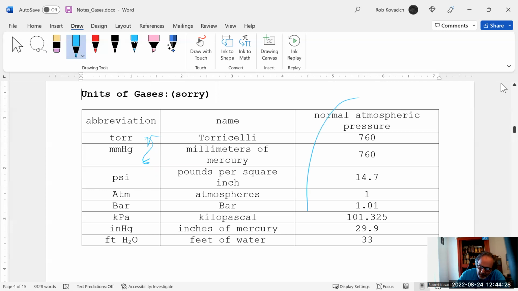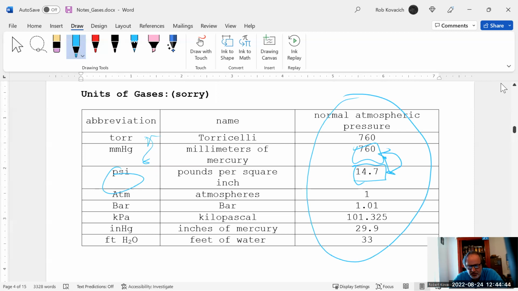Every one of these numbers is equal to all of the rest of the numbers in this table given its particular unit. So PSI is 14.7 and 760 millimeters of mercury. Those two things are equal to each other. If I was using two different devices, they'd be measuring the exact same pressure. One would say 760, one would say 14.7. If I was using another device that measured in atmospheres, that would be 1 atmosphere.